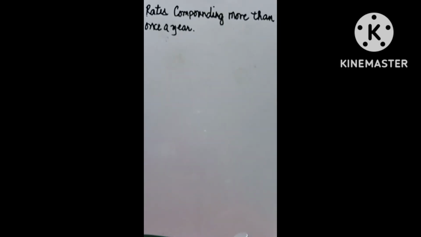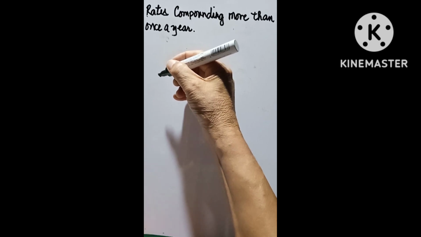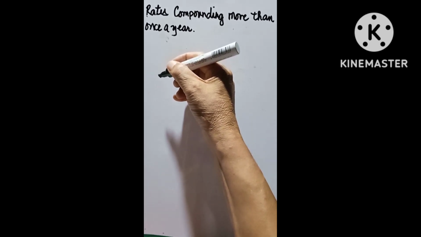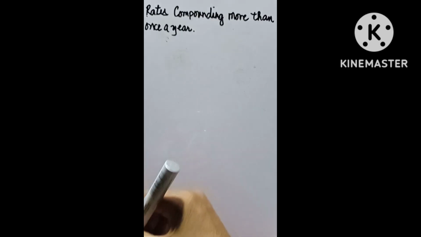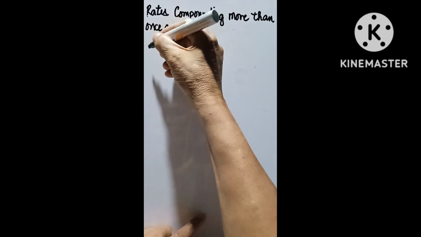So the compounding. So we will go to the formula. The formula is still based on the formula for the interest rate compounding in a year. So it is still based there.